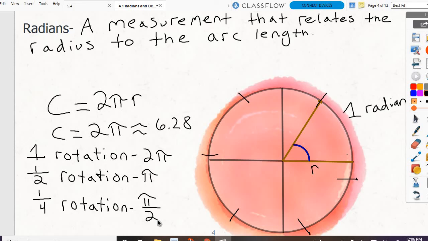So when we convert between degrees and radians, notice that 2 pi equals 360. Agreed? But both of those can be reduced by 2. So in general, we're going to use the second one, that pi equals 180 degrees, when we want to convert back and forth between the two.